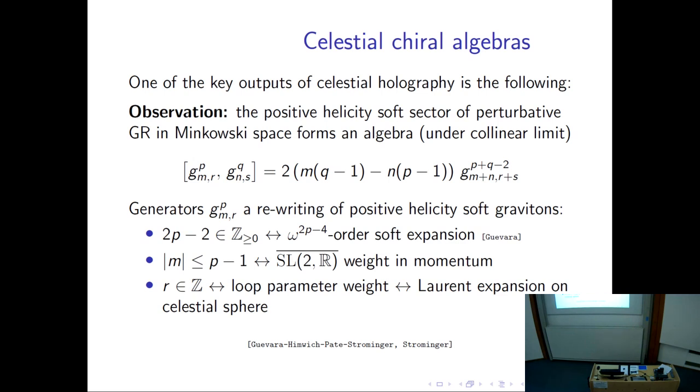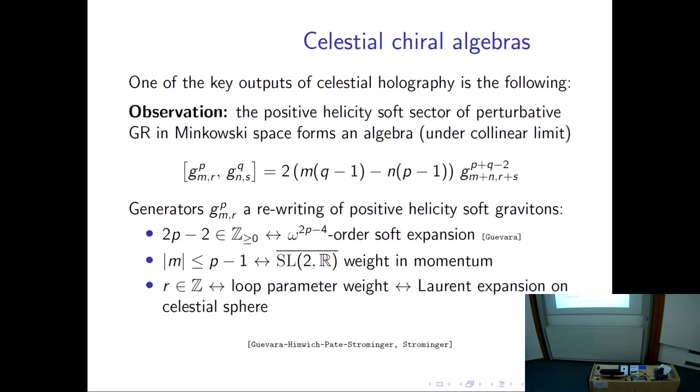The generators of this algebra, these things we call G^M_P, R, are just some rewriting of a basis of positive helicity soft gravitons. This mode number P, you should think of as telling you where in the soft expansion this generator is coming from. M is, okay, we're in 4 dimensions, so the gravitons you can think of as parameterized by a null vector, and this is like 2 SL2 spinors.